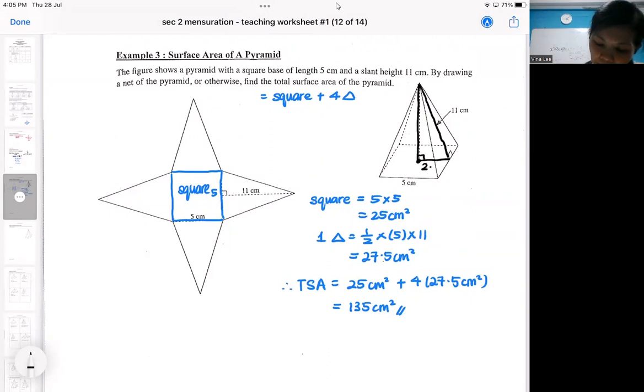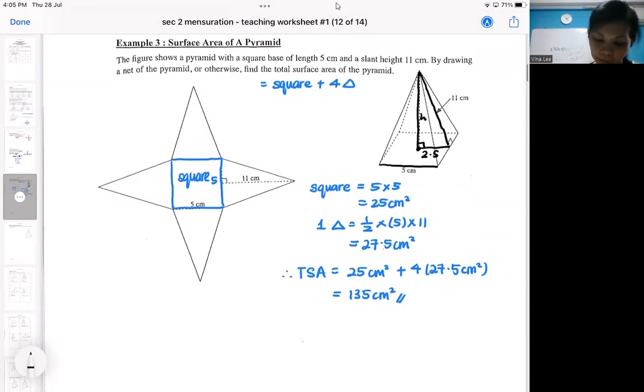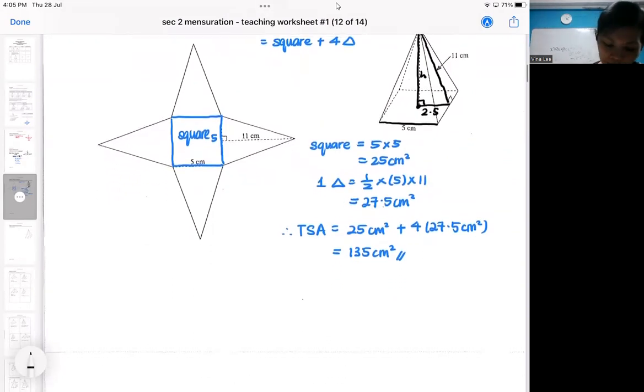And this part is half of the width. So if you really need the volume of this pyramid, you carry on your Pythagoras theorem to find your height.